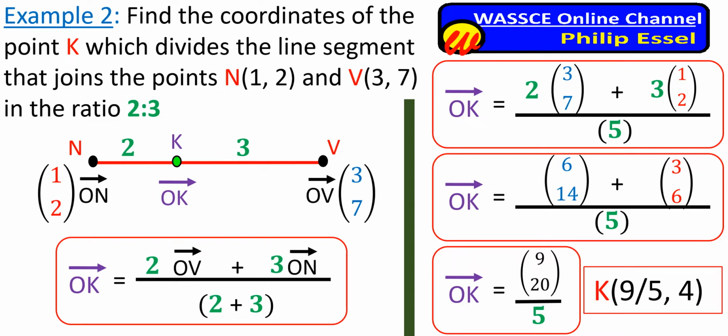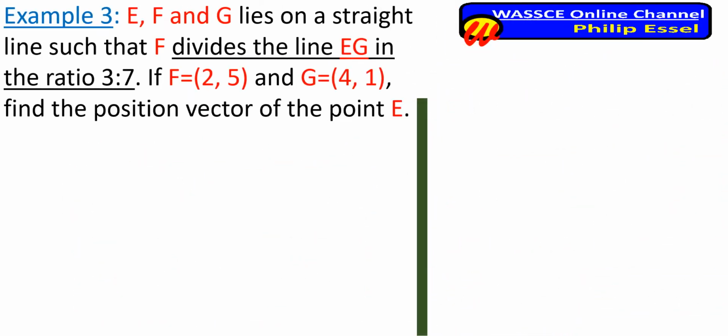Let's look at example 3. Example 3. The points E, F, and G lie on a straight line such that the point F divides the line EG in the ratio 3:7.